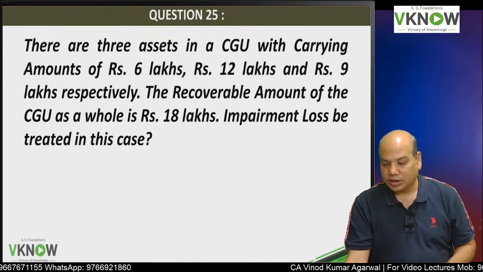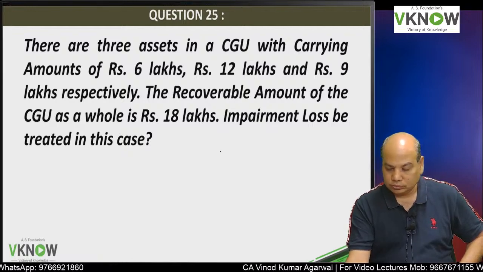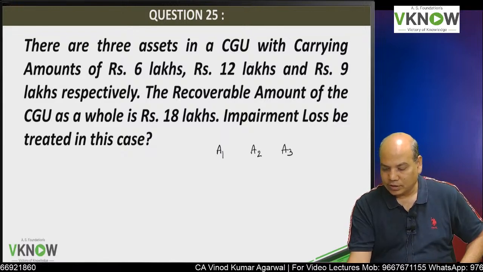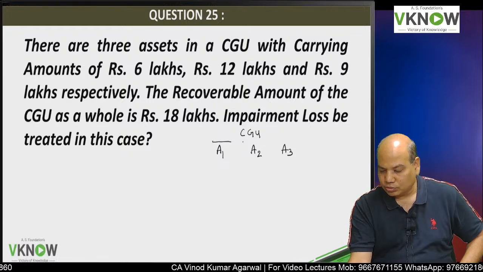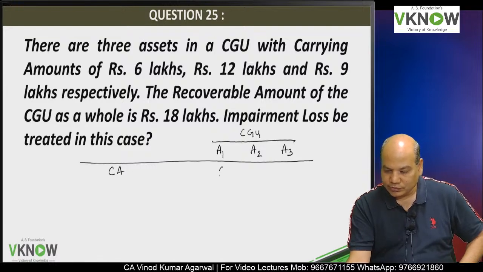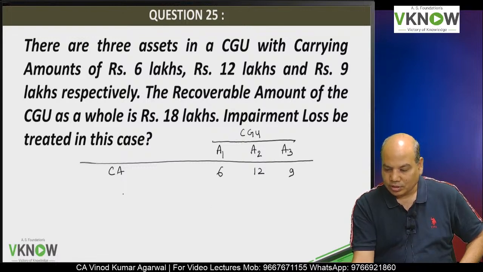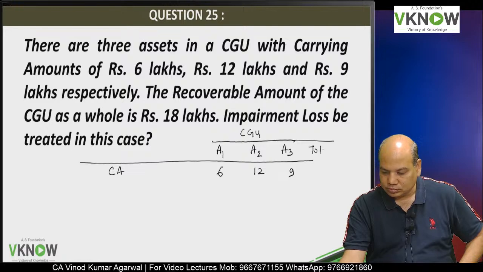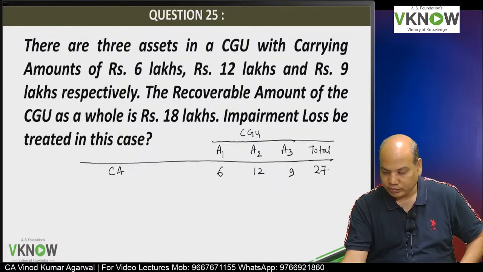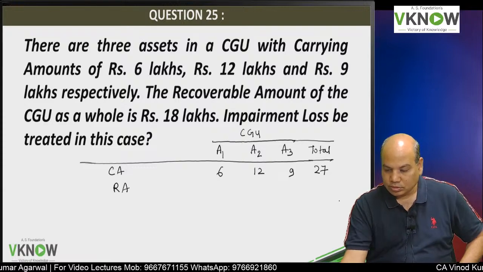Question 25. There are 3 assets in a CGU with carrying amounts of 6 lakh, 12 lakh and 9 lakh. So asset 1, asset 2, asset 3 under one CGU, and the total will be 27.